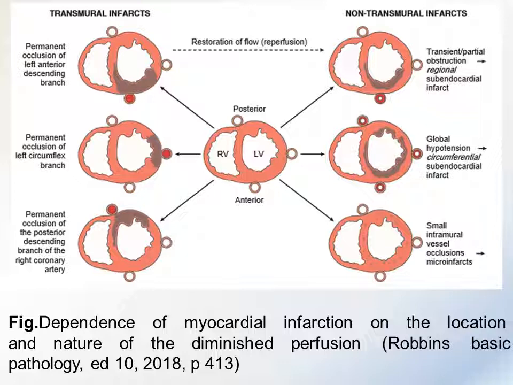On the right, the pattern of infarction results from partial or transient occlusion, the top one, and leads to a regional subendocardial infarct. Global hypotension superimposed on fixed three-vessel disease, in the middle, leads to circumferential subendocardial infarct. And we also have the occlusion of small intramyocardial vessels, at the bottom, leading to microinfarcts.